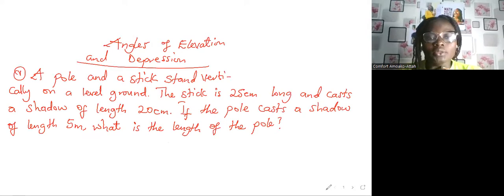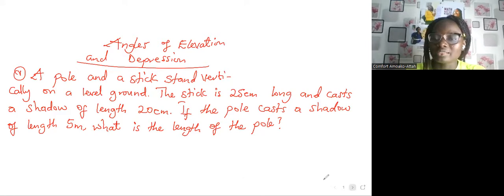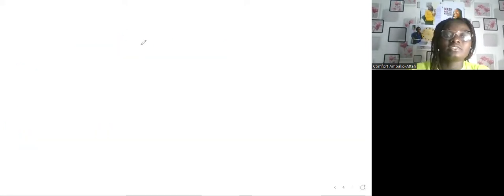A pole and a stick stand vertically on a level ground. We are going to solve this step by step. So let's do that. Okay, so this is the pole and this is the stick, and they are all standing on a level ground. Pardon me for my diagram, okay?